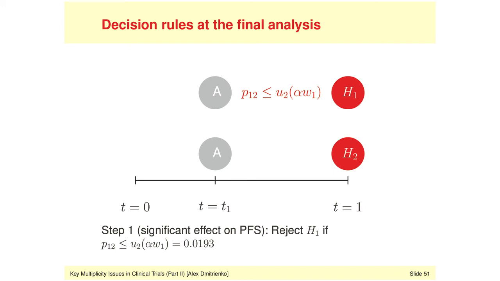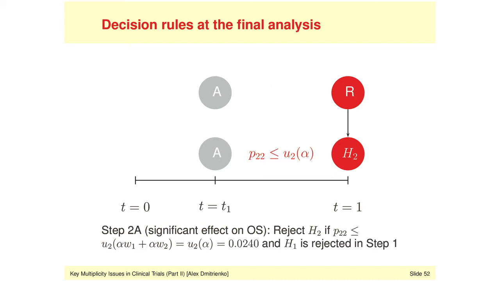And that significance level is alpha times W1. As we have done before, we're going to now take a look at two different cases that correspond to step 2. We can assume that the hypothesis H1 was rejected in step 1 or it was not rejected in step 1. In this particular case, we're going to make a more optimistic assumption.